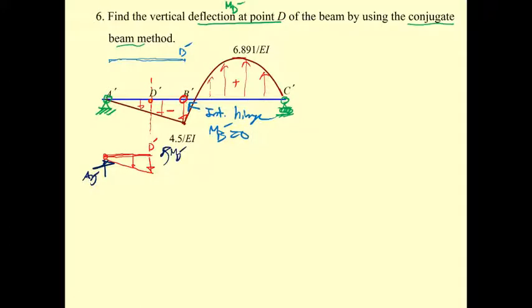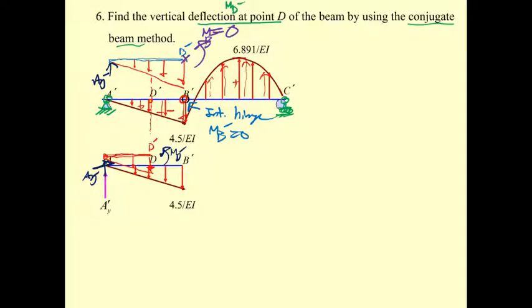You also have the elastic weight like this, and you have A sub y prime, and you take the moment here. This one is M sub B prime, which equals 0. So you can determine A sub y prime easily. After you know A sub y prime, you will find M sub D prime later.